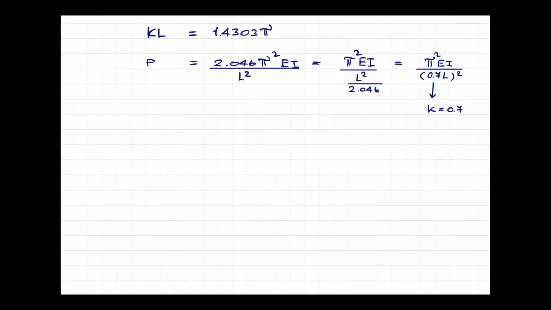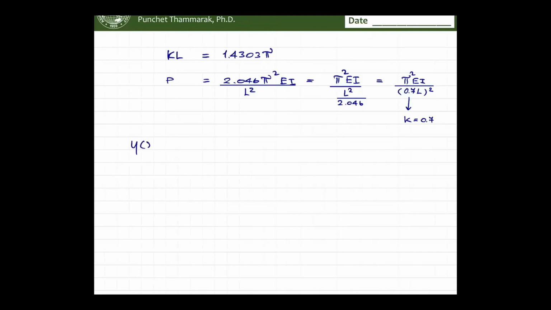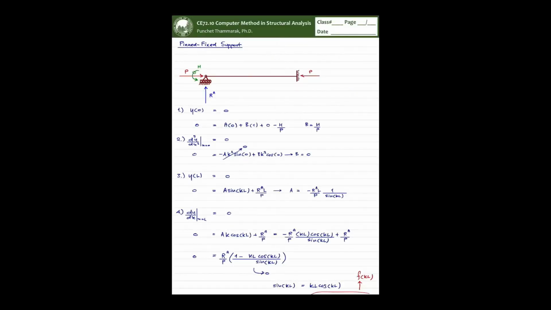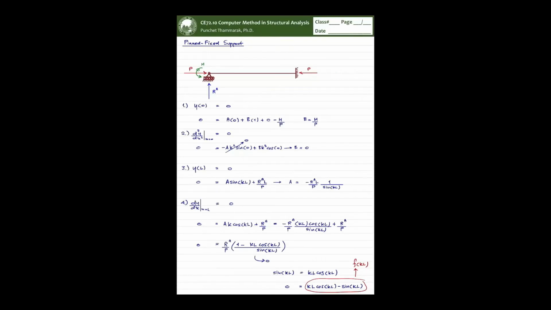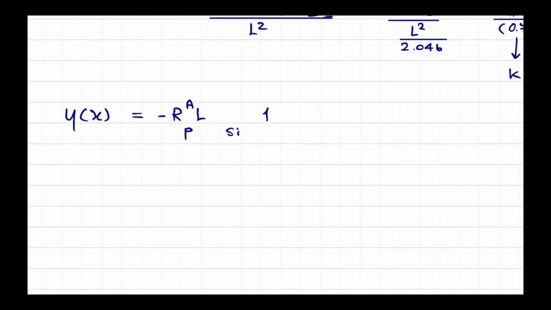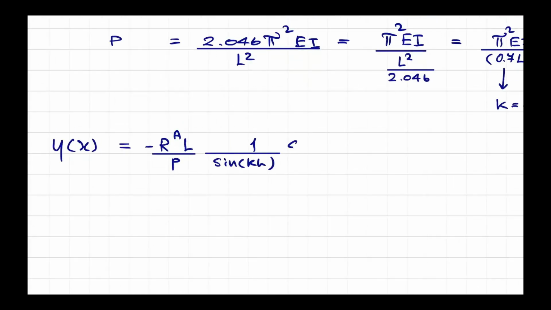So Y of X is equal to A, which is minus RAL over P multiplied by 1 over sine KL. This is A, and A is multiplied by sine kx: A sine kx plus B cosine kx. The thing is that B is 0, it's gone.